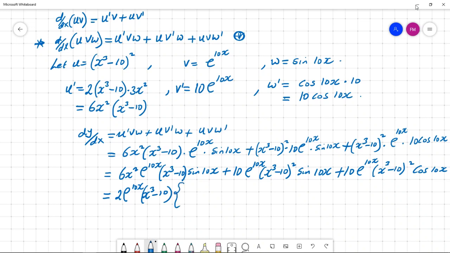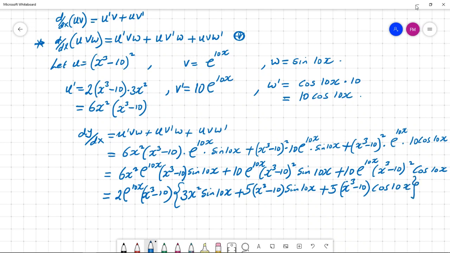Then multiplied by, so when you factor this in the first term, you will have 3x squared sine 10x plus, here you will have 5(x cubed minus 10) power 1 sine 10x plus 5(x cubed minus 10) power 1 cos 10x.